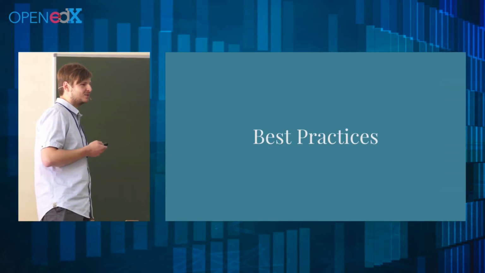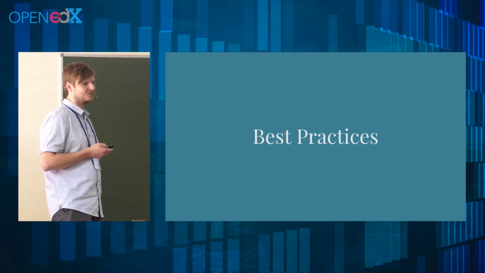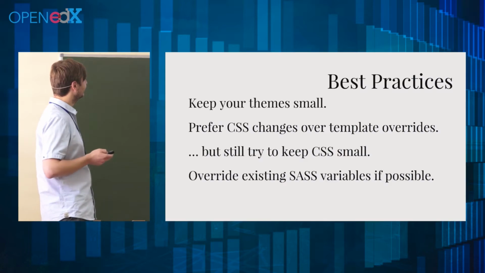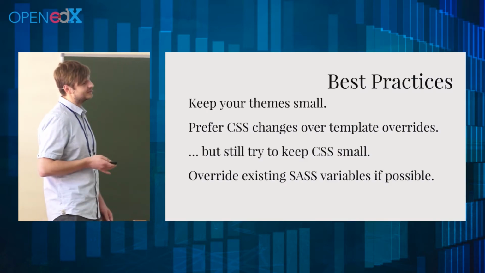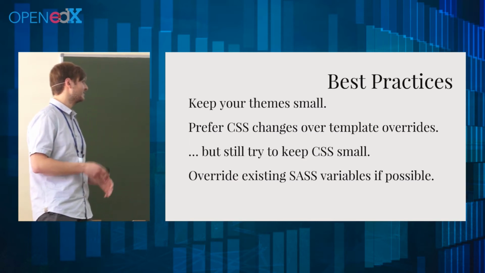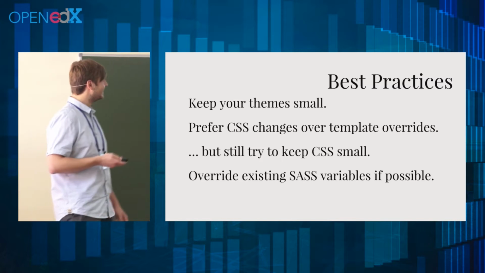Now that we've learned what comprehensive theming can do, let's talk about some best practices that we try to stick to at Tokencraft. The first one is just to try to keep your theme small. The smaller the theme is, the easier it will be to upgrade to a new release.